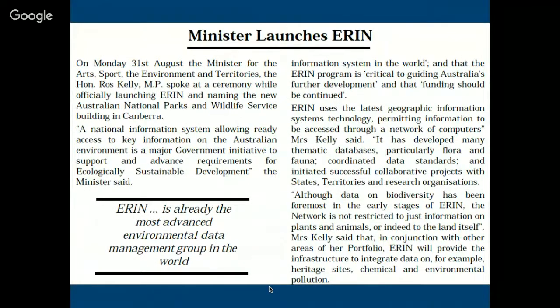Essentially, the Minister for the Arts, Sport, the Environment, and Territories spoke at a ceremony officially launching ERIN, and the statement was made: a national information system allowing ready access to key information on the Australian environment is a major government initiative to support and advance requirements for ecologically sustainable development. So wouldn't we love to see that announcement in many countries around the world today, 40-some years later?